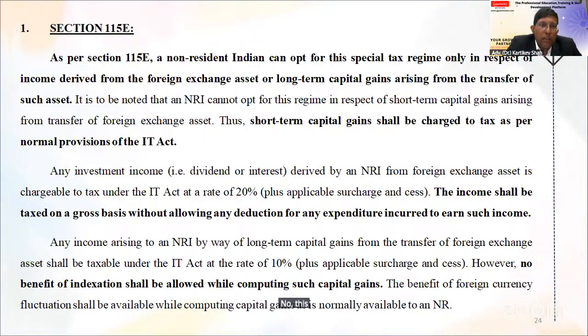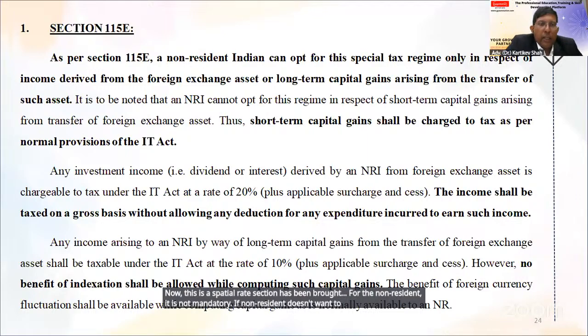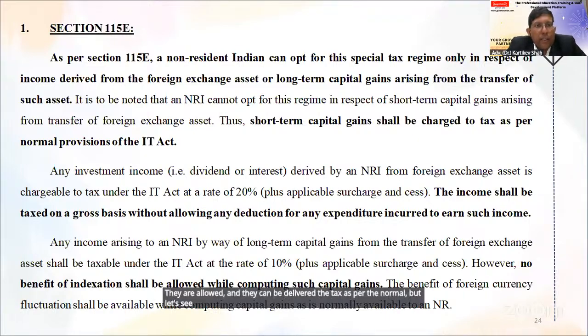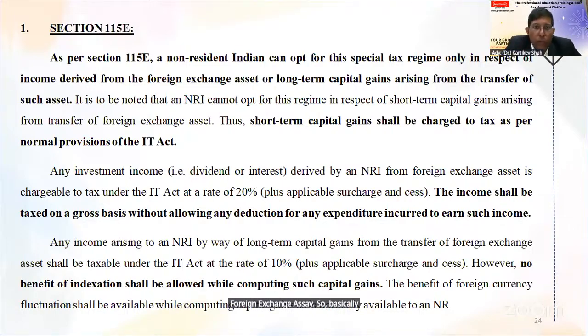Now, this is a special rate section that has been brought in for the non-resident. It is not mandatory. If a non-resident doesn't want to follow this special rate, they are allowed, and they can be levied tax as per the normal rates. But let's see, a non-resident Indian can opt for this special tax regime only in respect of income derived from a foreign exchange asset or long-term capital gains arising from the transfer of such an asset. Foreign exchange asset, so basically, what is a foreign exchange asset?